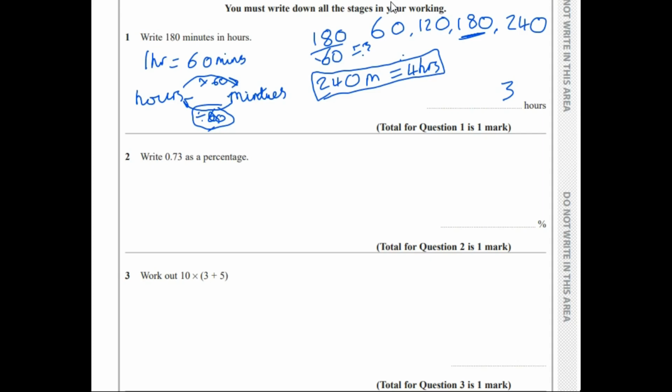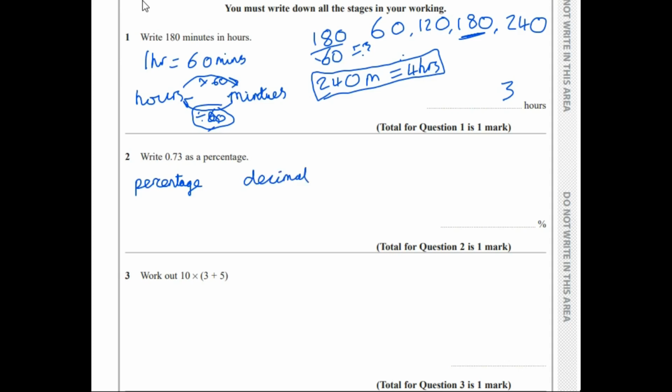Right, so now moving on to question 2. Write 0.73 as a percentage. Feel free to pause and give this a go, or I'll jump right into it. Again, we're going between two different types here. So I'll write percentage on the left, and then I'll write decimal on the right.